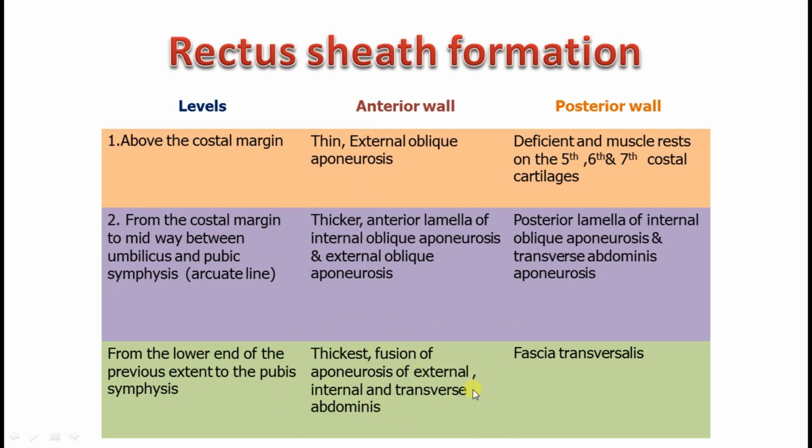It is the thickest anterior wall of the rectus sheath. The posterior wall is very thin, and it is only formed by the fascia transversalis.